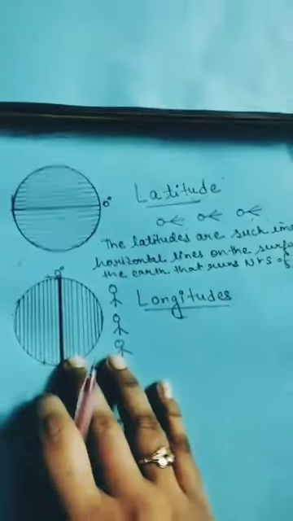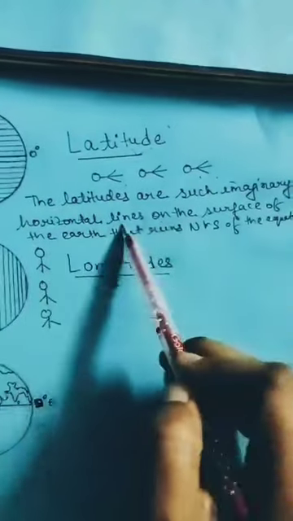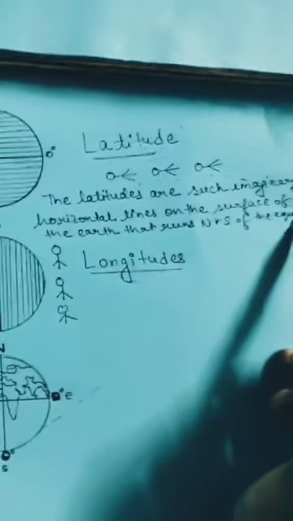We will be identifying which is equator, but this will be your definition. The latitudes are such imaginary horizontal lines on the surface of the earth that run north and south of the equator. Okay, now I will show you which one is equator.